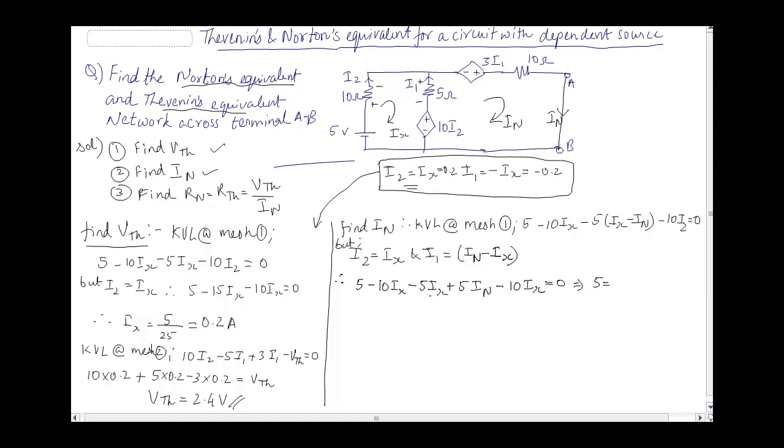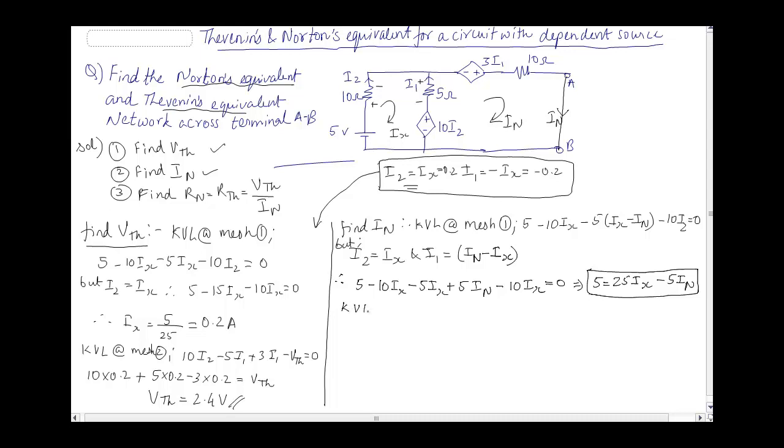If we add up all together and we take the other side, we will get 25 Ix, and 5in, if we take the other side, we will get minus 5in. This is the first equation for solving the simultaneous equation.